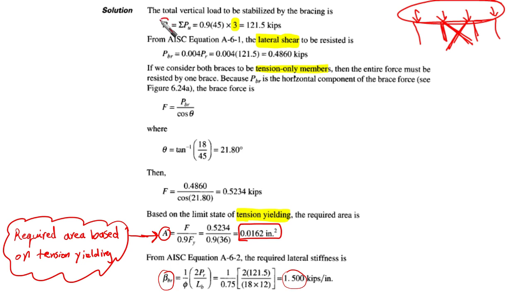So PR is going to be the summation of all the vertical loads, which is 0.9 times 45, the intensity loading that we already have in the example, times 3, which means three different spans. From AISC equation 6-1, this is related to columns.